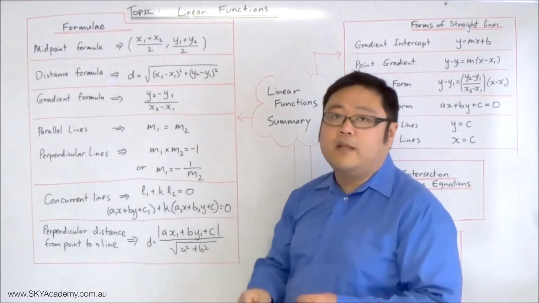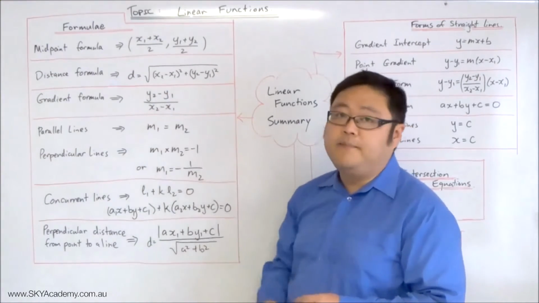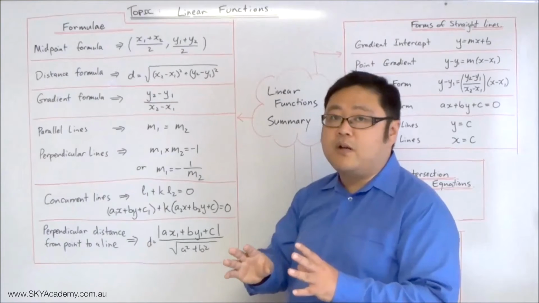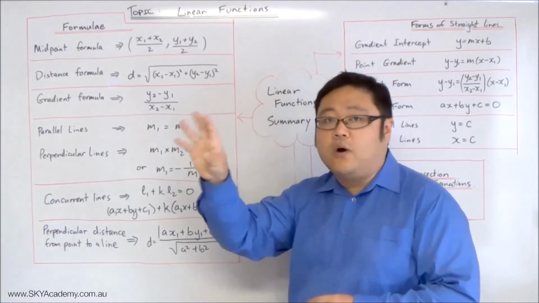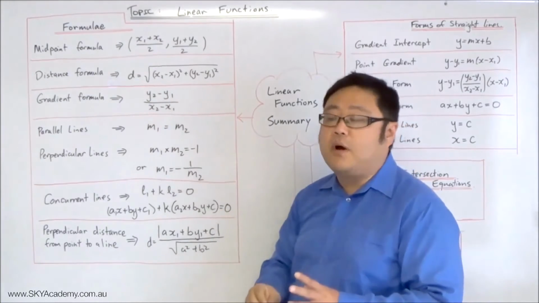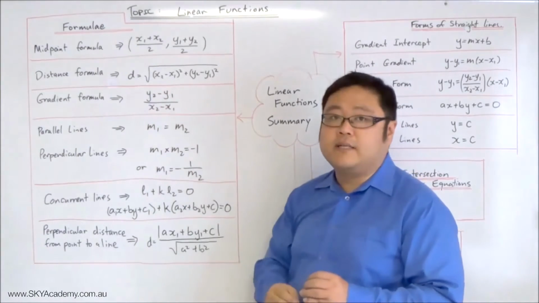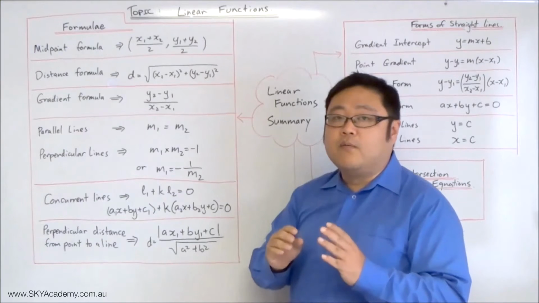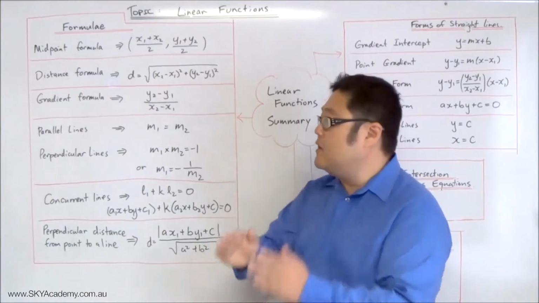The gradient formula, which of course is rise over run, or the change in the y coordinates over the change in the x coordinates, which is y2 minus y1 over x2 minus x1.